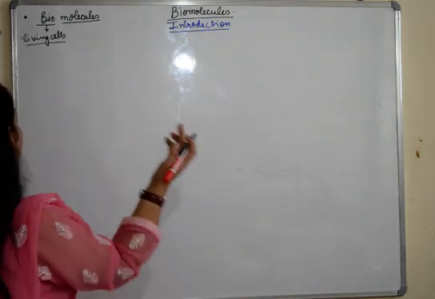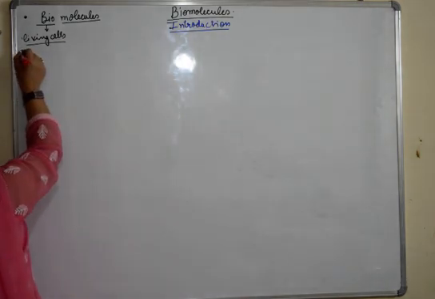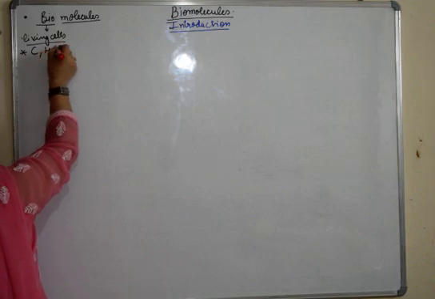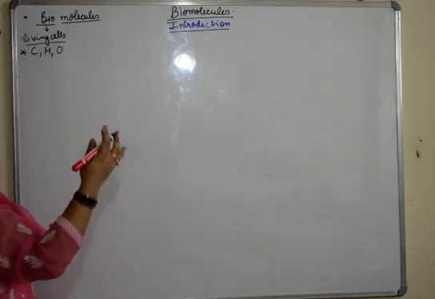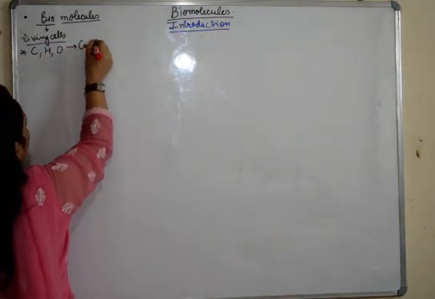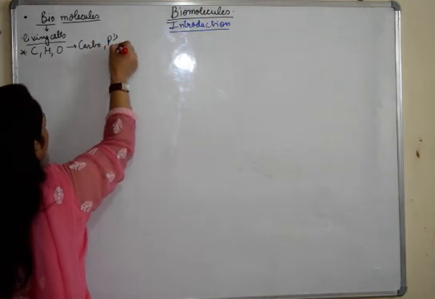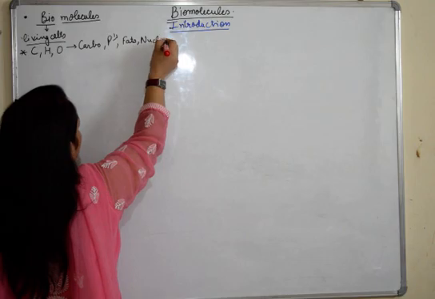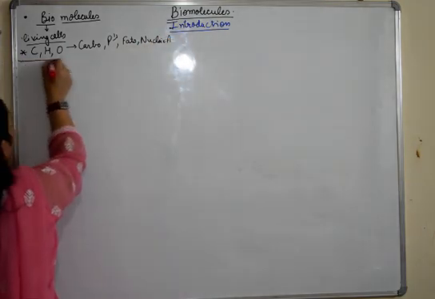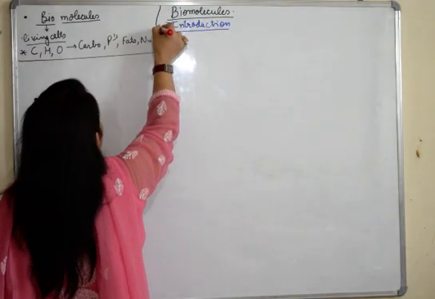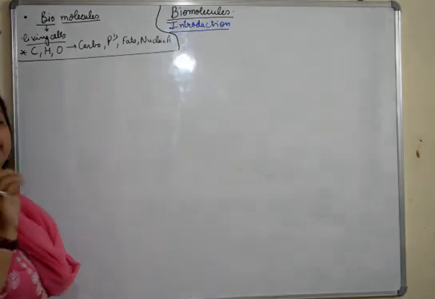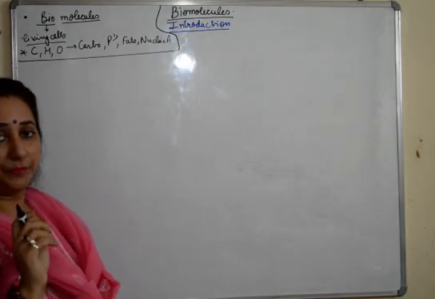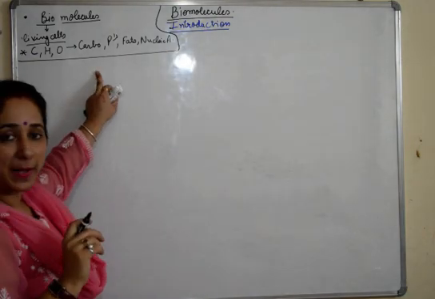A few examples would be carbon, hydrogen, oxygen, and if we go further, carbohydrates, proteins, fats or lipids, or nucleic acids. So these are certain biomolecules which are there in nature which form the human body. So we will be talking about these biomolecules.